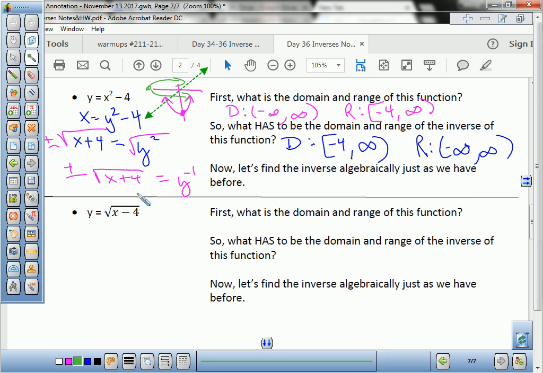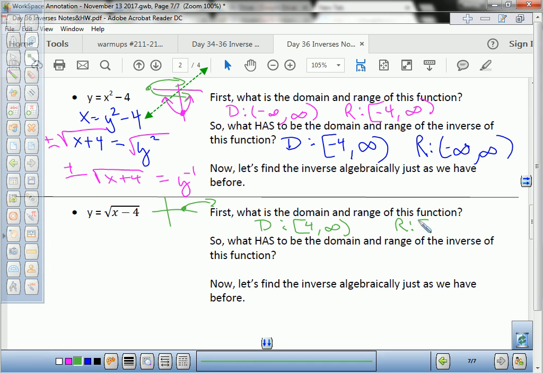Okay. The next one. This one is a square root to start with. So it's right over here. It's going this way. And so the domain is from 4 to infinity, and the range is from 0 to infinity.